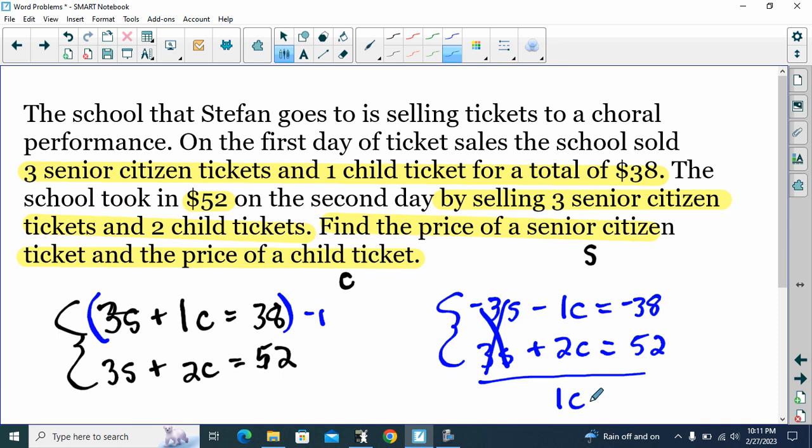I get 1C is 14. The price of a child ticket is $14.